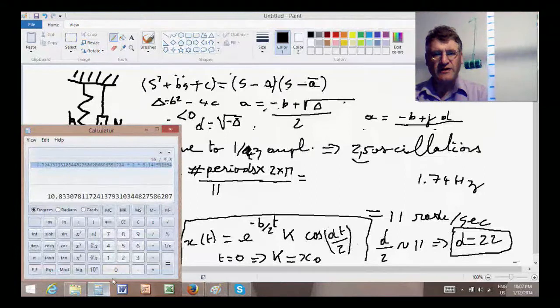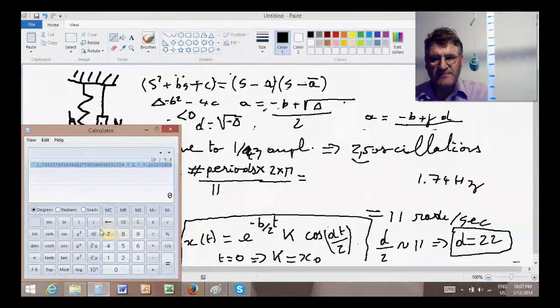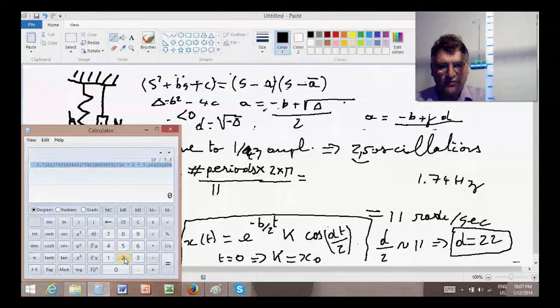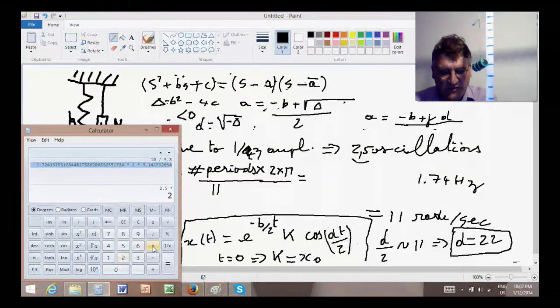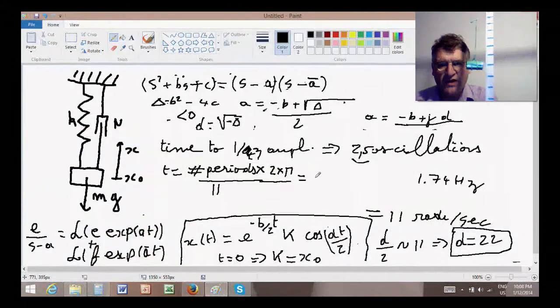So if we go back to our calculator, we can say that we're going to take the number of periods, the number of oscillations, 2.5, that we multiply by 2, that we multiply by pi, 3.14159265, divided by 11, and we obtain about 1.43 seconds.